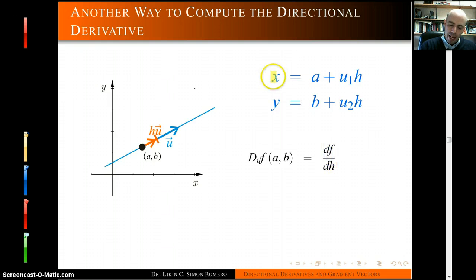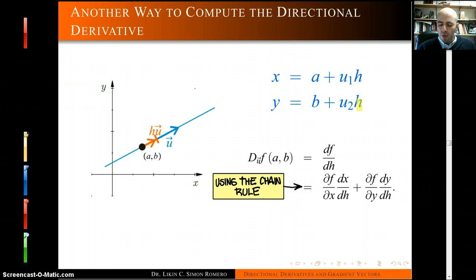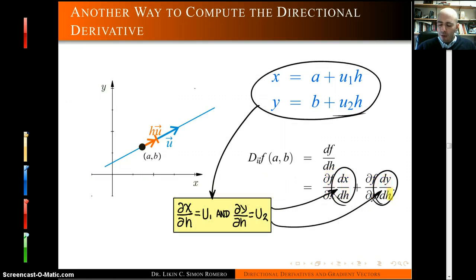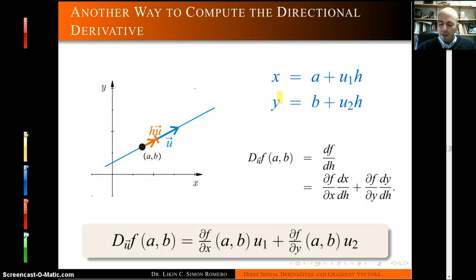Because f depends on x and y, which depend on how much you move in the direction of u. So we use a chain rule. The change of f with respect to the change of x, and the change of x with respect to the change of h. And the same thing for y. And what we obtain is that the change of x with respect to the change of h is equal to u1, and the change of y with respect to h is going to be u2. So finally, we have this formula by just plugging in what we have.